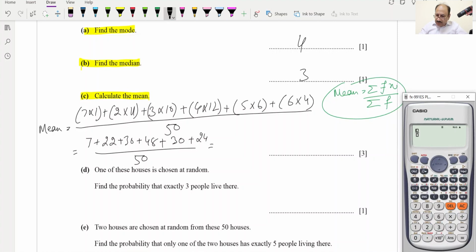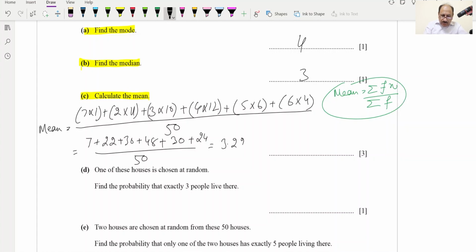This will be 7 plus 22 plus 30 plus 48 plus 30 plus 24 divided by 50, which is equal to 3.22. 3.22 will be the answer for this one, which is a 3 marks answer. So this will be D part.